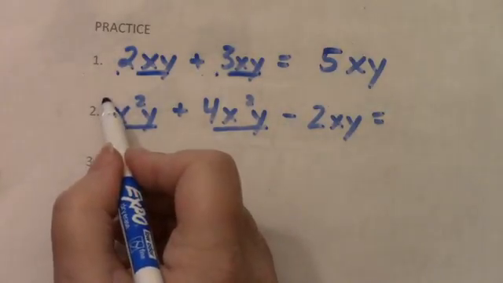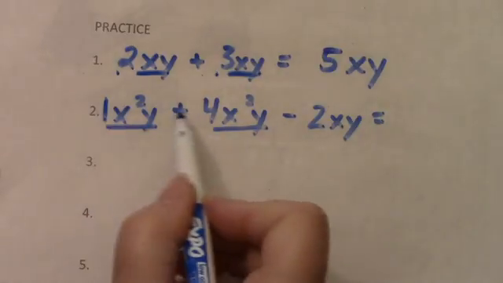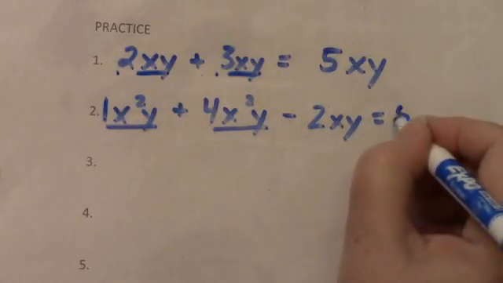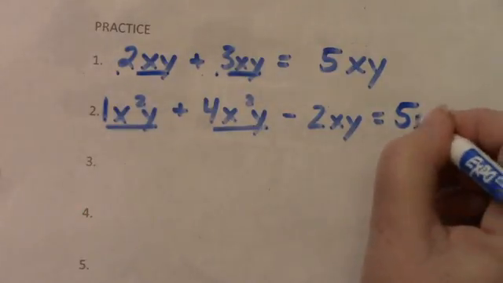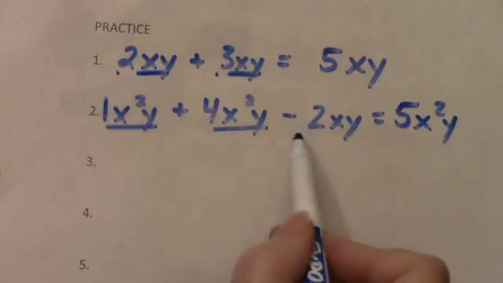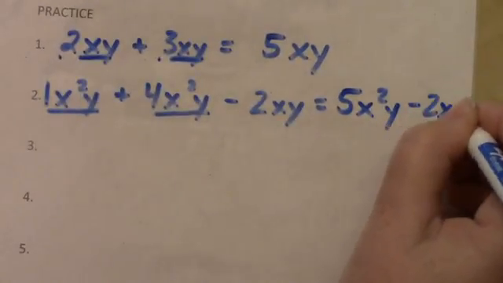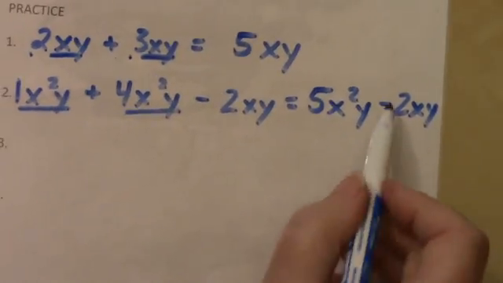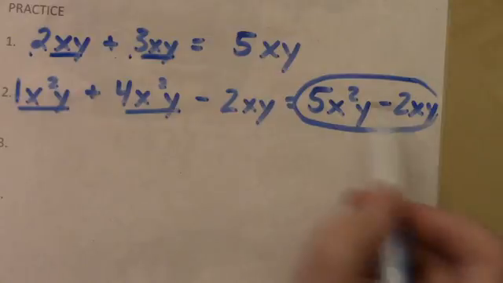And remember, there's a secret little 1 in front of there. So this would become 1 plus 4 is 5. And then I just keep my variable, which is the same, x squared y. But then I can't do anything with that, so I'm just going to minus 2xy. And this is as far as we can go. We cannot combine these anymore.